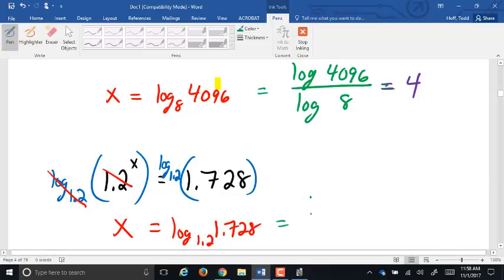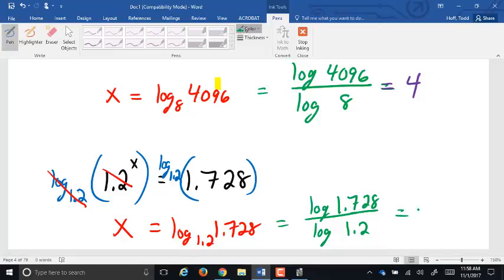So that change of base formula, log of what number goes on top? 1.728, good. And on bottom? Log of 1.2, and figure that out.